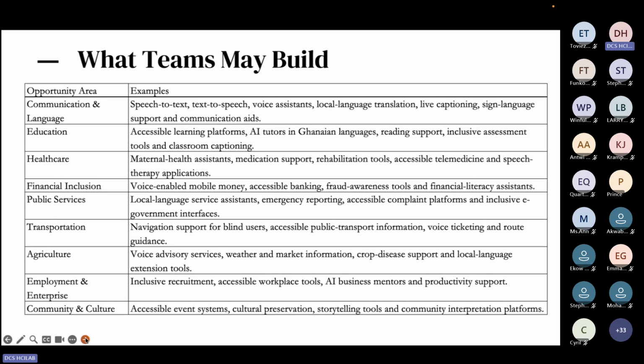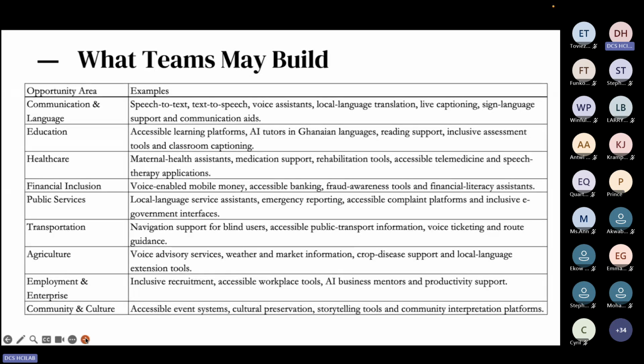This year, we are opening up the domain areas. So think of solutions around communication and language: speech to text, text to speech, voice assistants, local language translation, sign language support, communication aids, any solution that would support communication, and of course in our local languages.